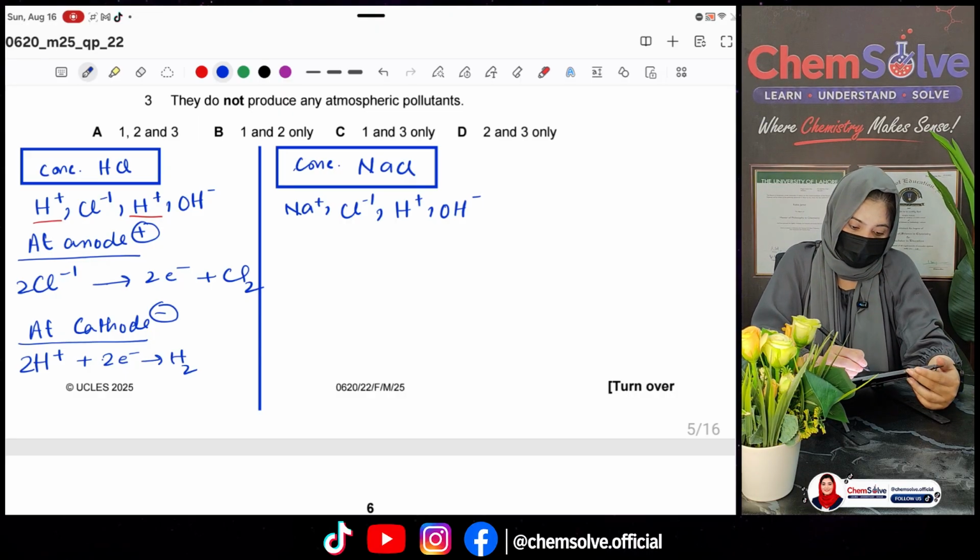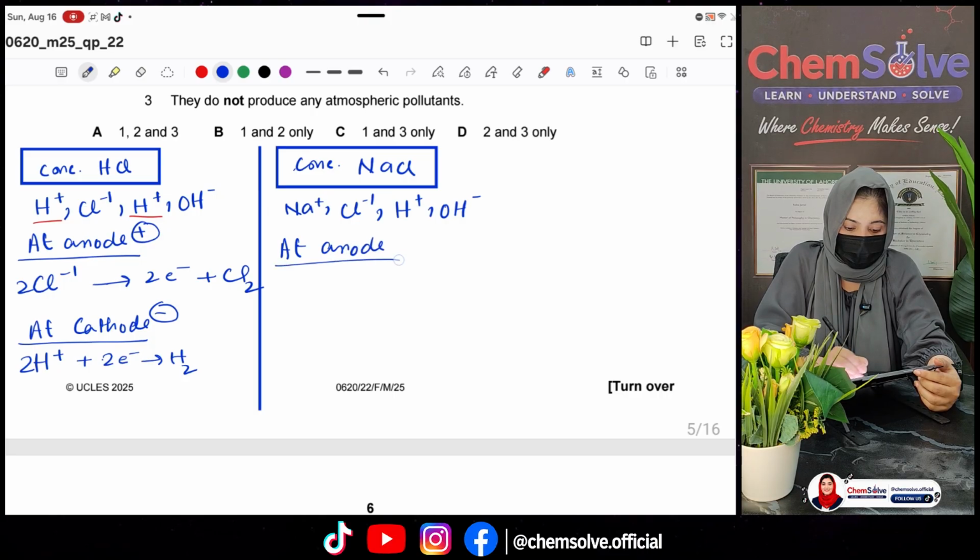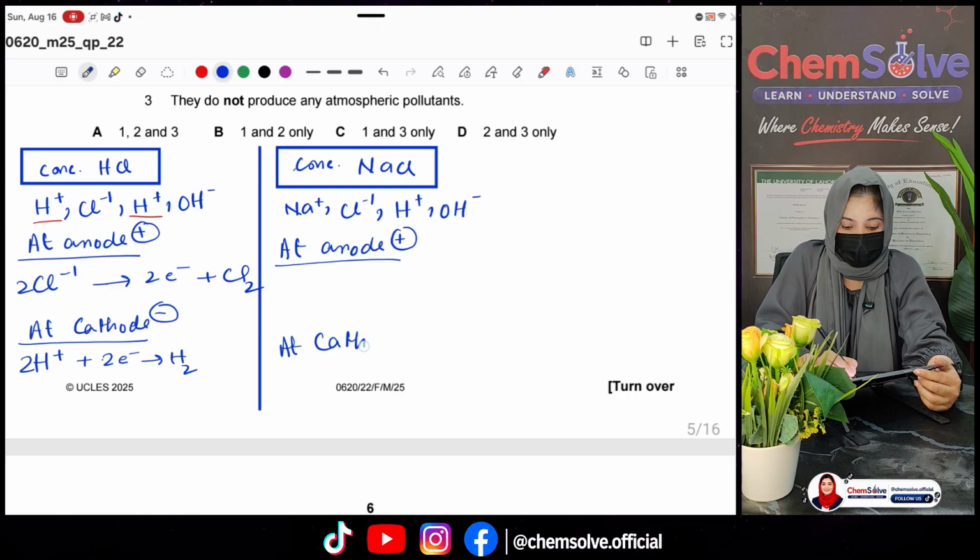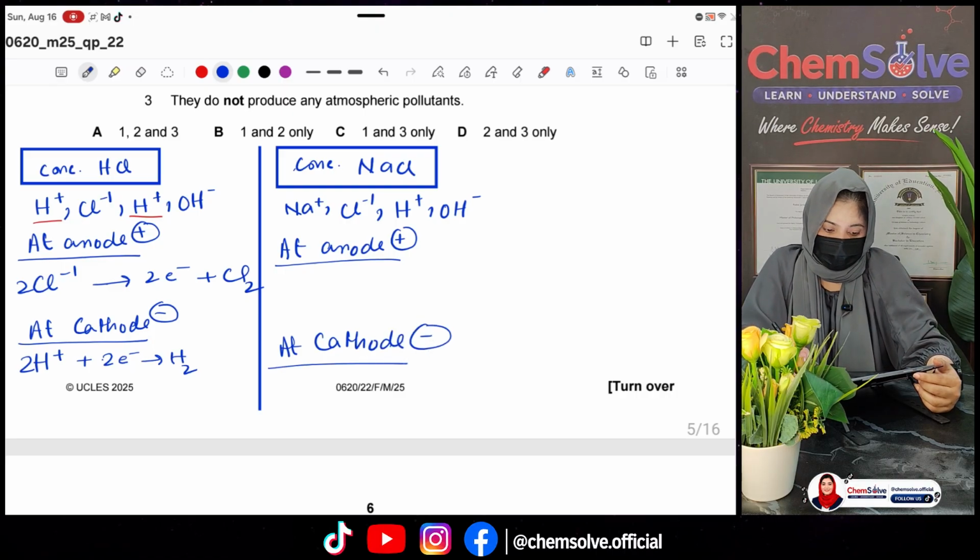Okay. So again, the anode is positively charged, and the cathode is negatively charged. A negative electrode will attract any positive ions.